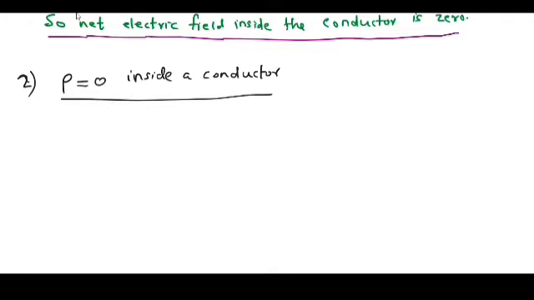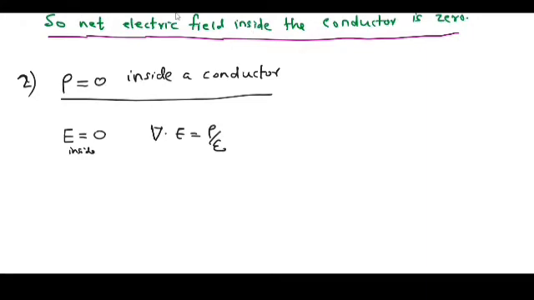Just now we have seen that the electric field is 0 inside a conductor. We know Gauss's theorem, that is del dot E is equal to rho divided by epsilon 0.